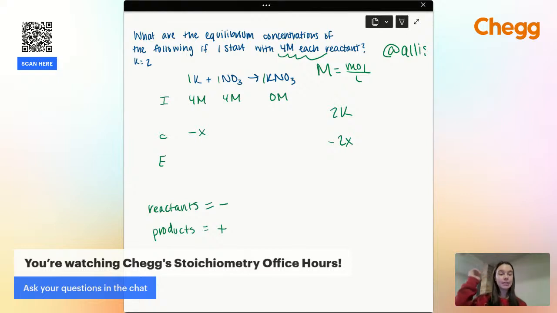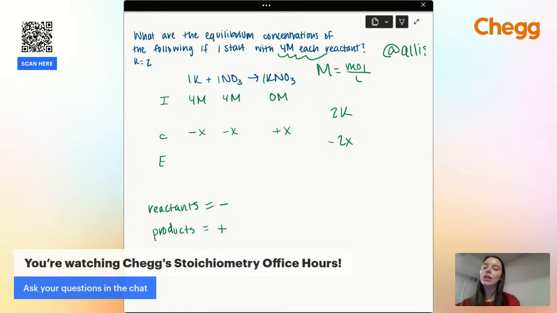You can think of it logically: reactants are going away to create product, so we're subtracting amount from our reactant to create product. So minus x, minus x, plus x. Plus for the products because we're going from having no product to creating product. Hopefully that makes sense. If you have any questions on it, let me know.